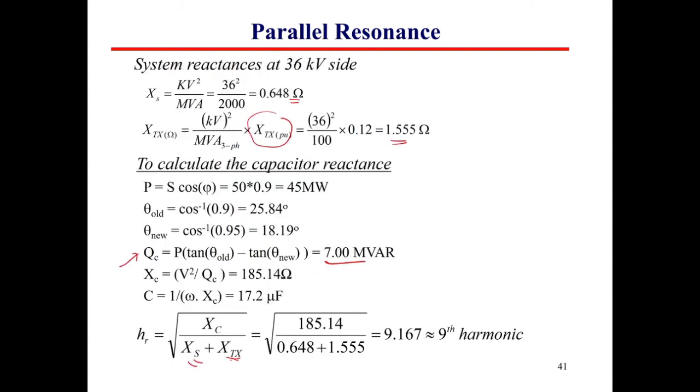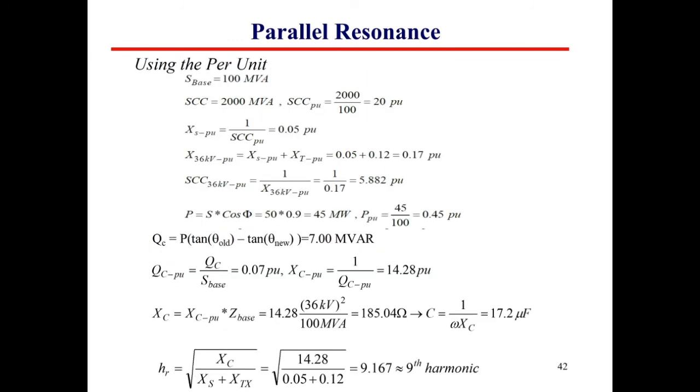We can do it directly, or we can utilize the per unit like what I did here. I chose a base of 100, then did the calculation using the per unit. Of course we are going to have the same result.